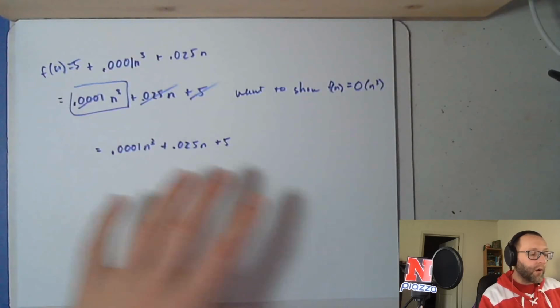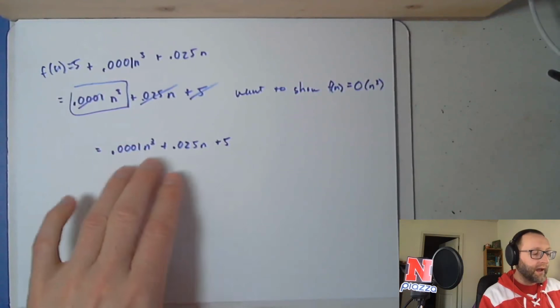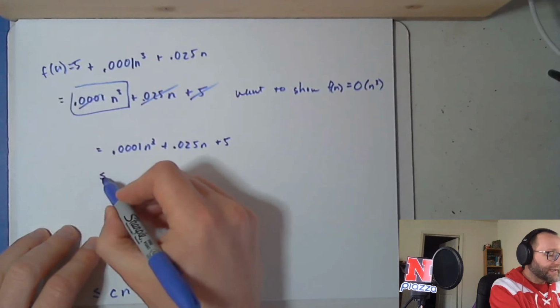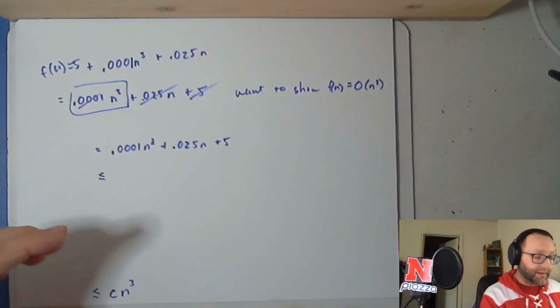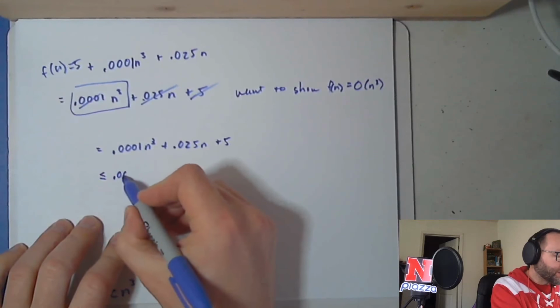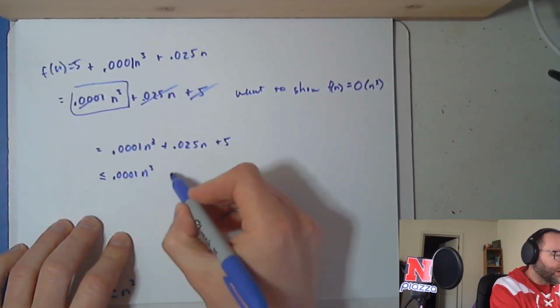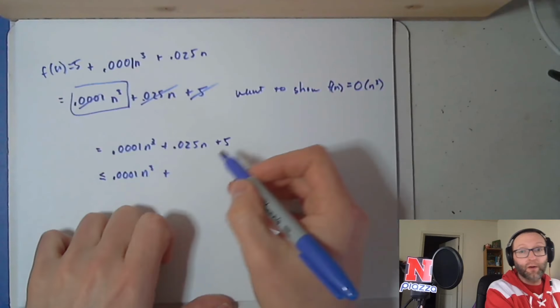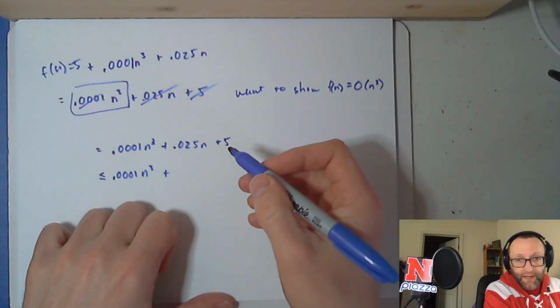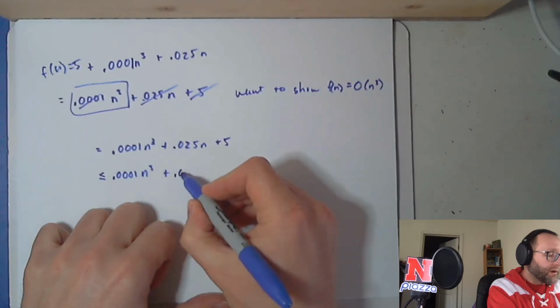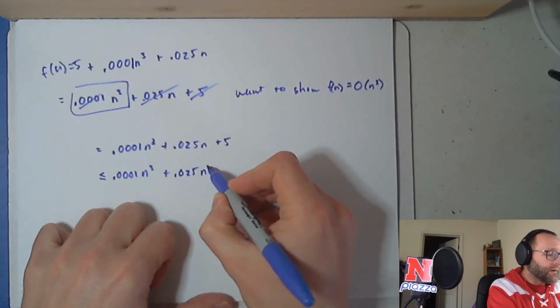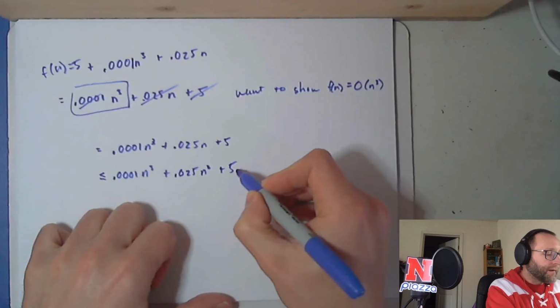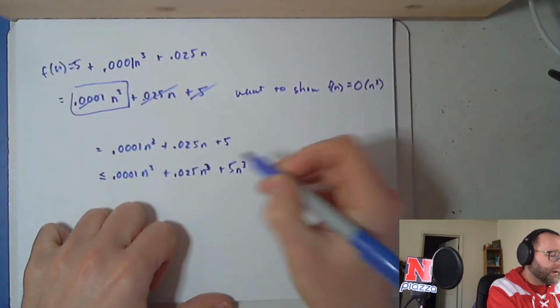You can go ahead and make all of these terms immediately n cubed. This is not equal to, but it is less than or equal to 0.0001 n cubed plus, I can make a linear term bigger by making it into a quadratic term, I can go ahead and skip all the way to a cubic term, 0.025 n cubed plus 5 n cubed. Sorry, cubed. There we go.